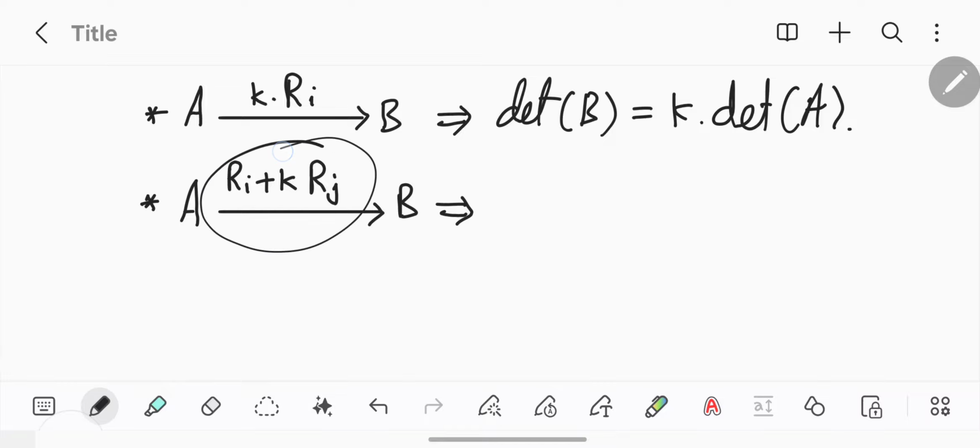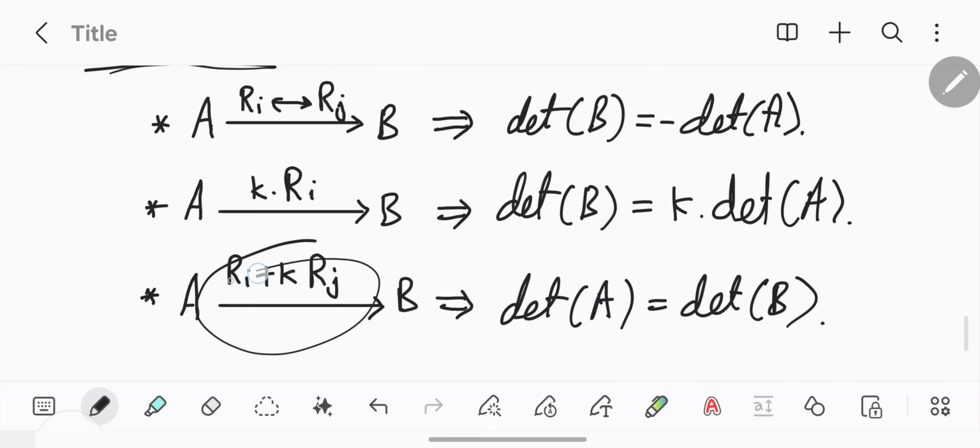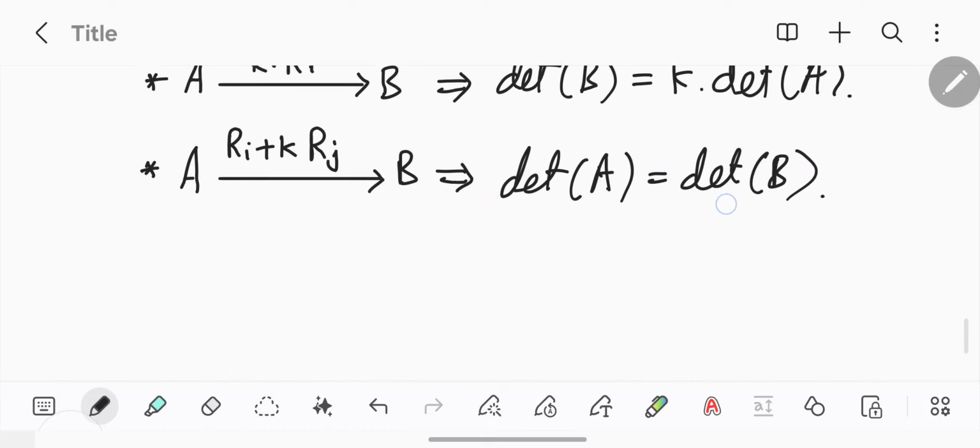This means after applying this kind of operation, you will get no change in the determinant. So this is the operation which makes no change in the determinant, but the previous two operations make changes in the determinant.